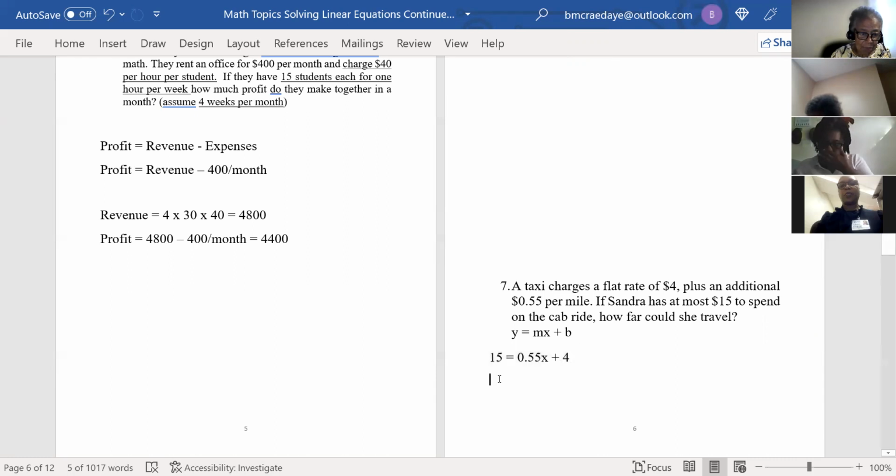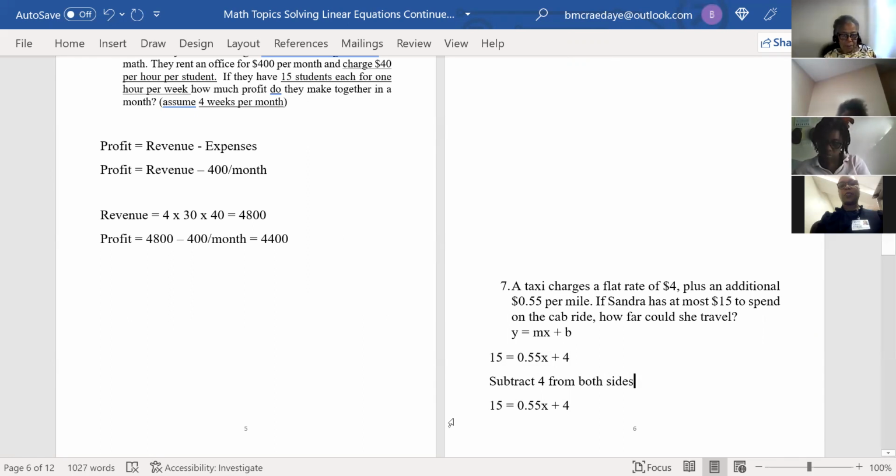Subtract the 4 from both sides. 4 from 15 is 11. So over here you'd have minus 4, and over here minus 4.